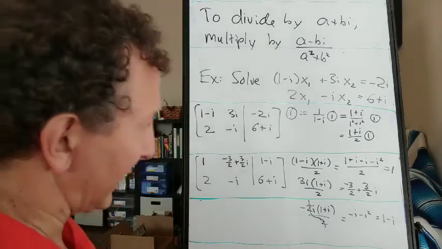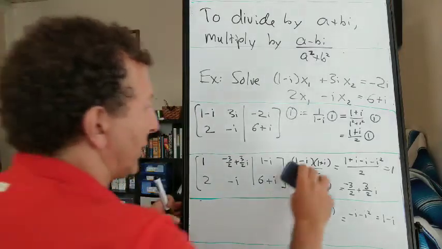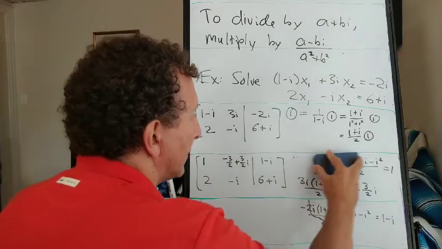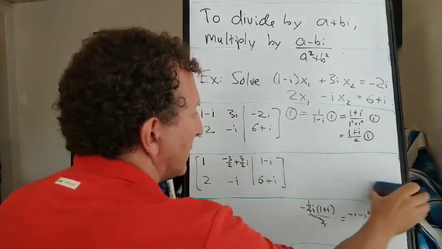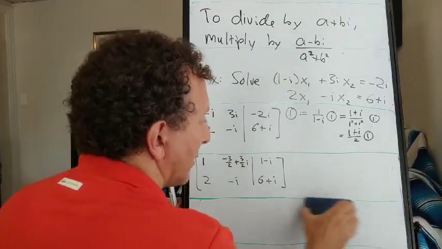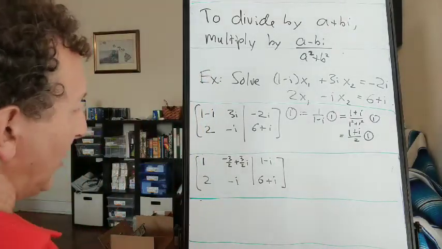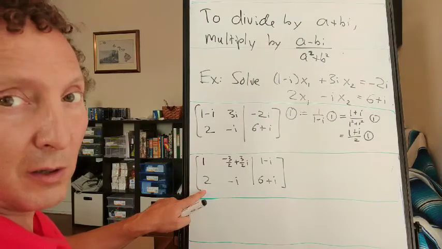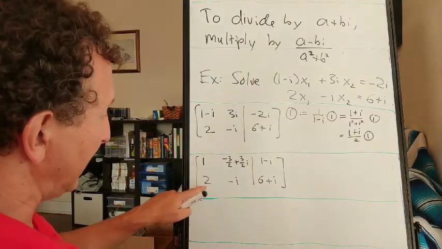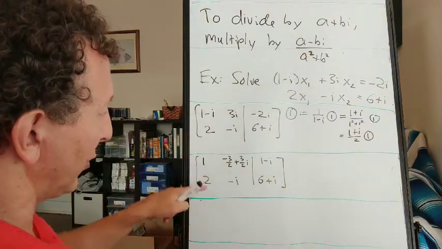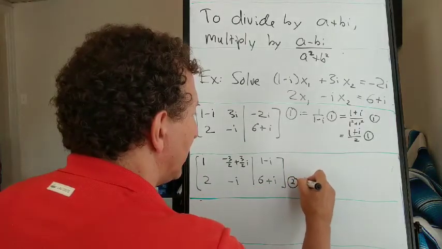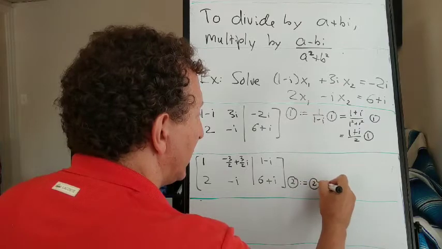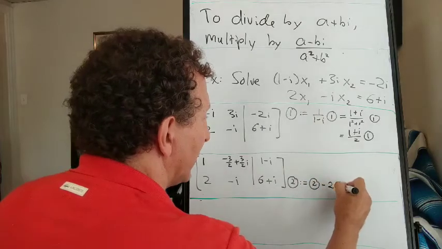All right, let me erase my calculations here so we can do another row operation. All right, now I'd like to see a 0 here underneath the 1. So let's subtract 2 times row 1 from row 2. Row 2 becomes row 2 minus 2 times row 1.